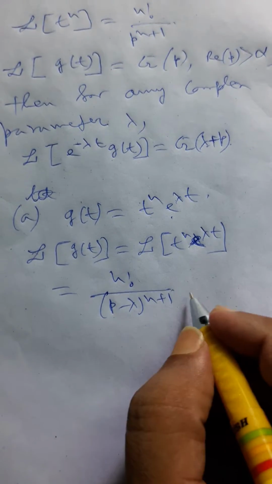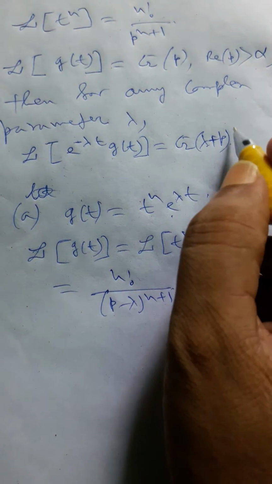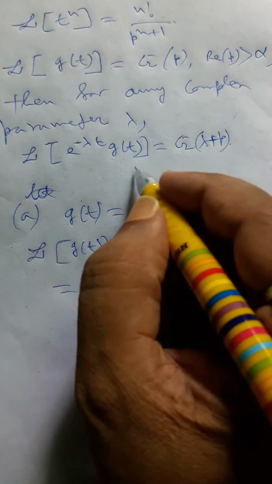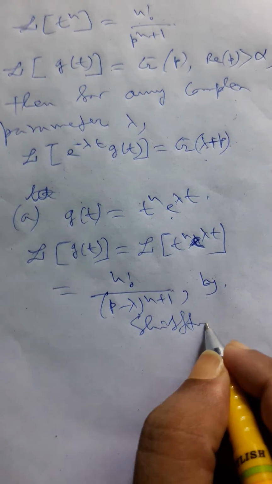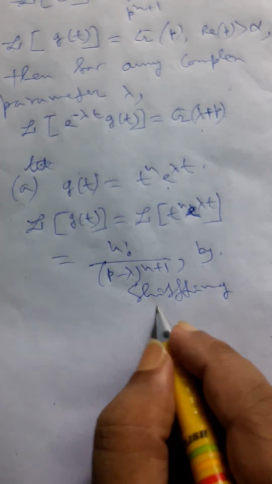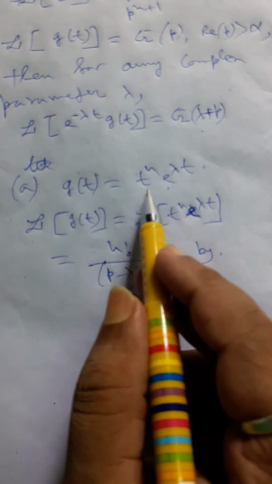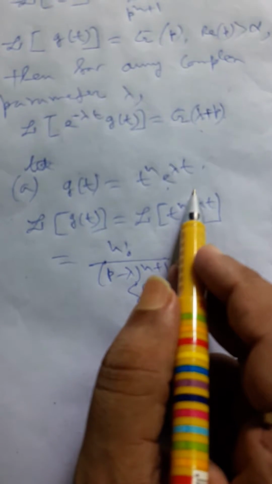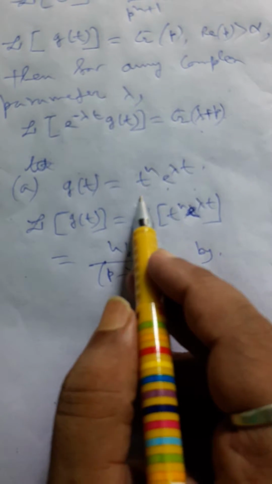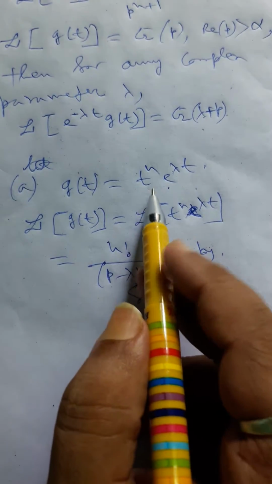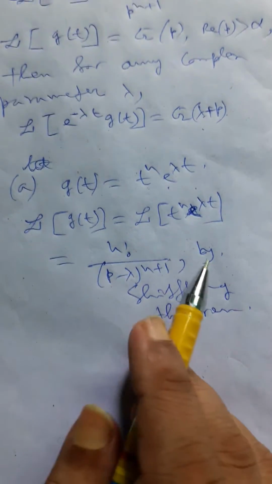This will be the answer. It is done by the shifting theorem. This theorem is called the shifting theorem. So very shortly we can evaluate the Laplace transforms of these categories of functions.